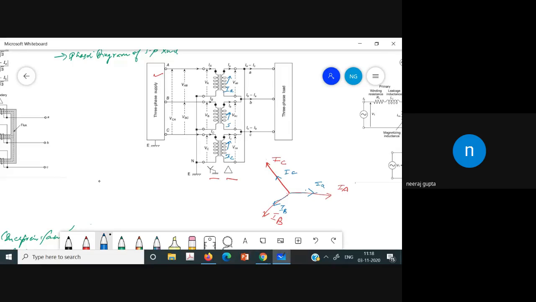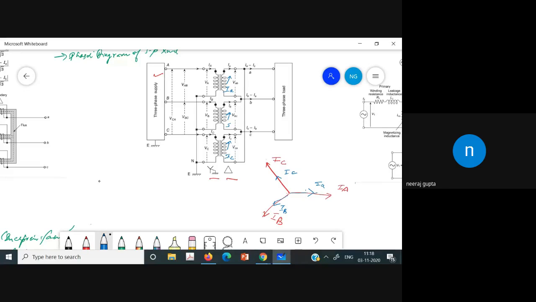These are actually in the same phase, and these are the phase currents. Along with A phase, we will have this A, then B phase we will have this B, C phase we will have this C. So these are connected in star and delta.